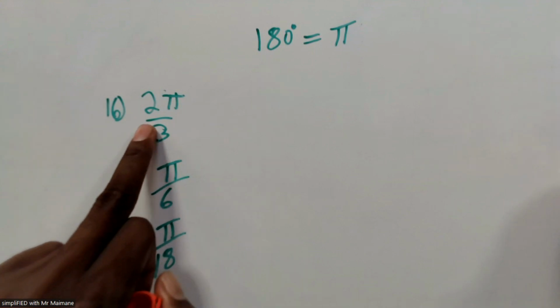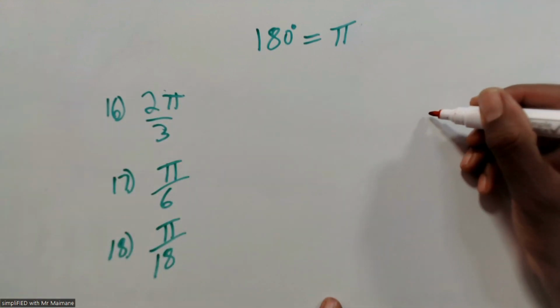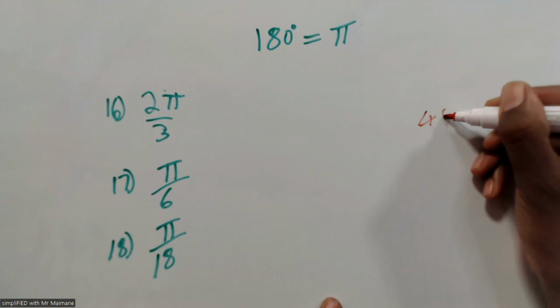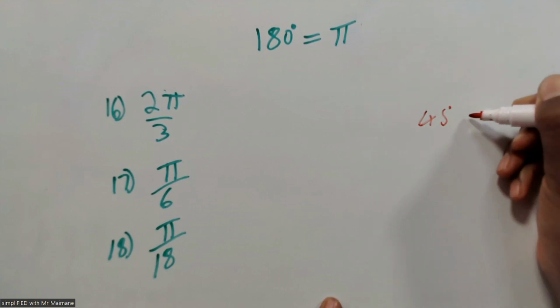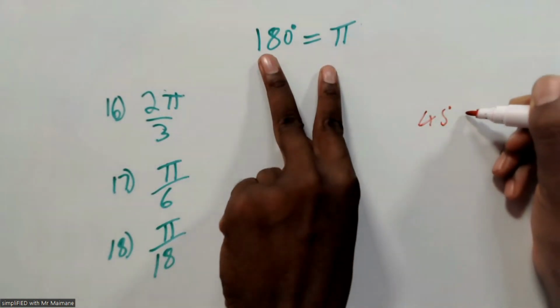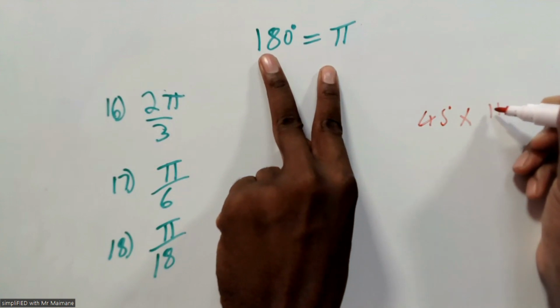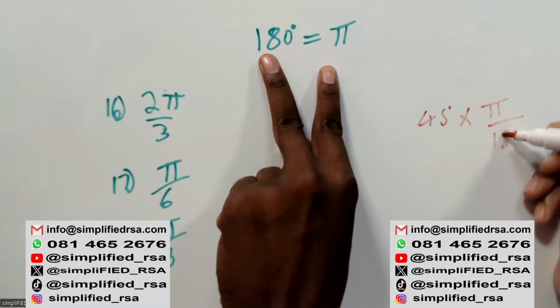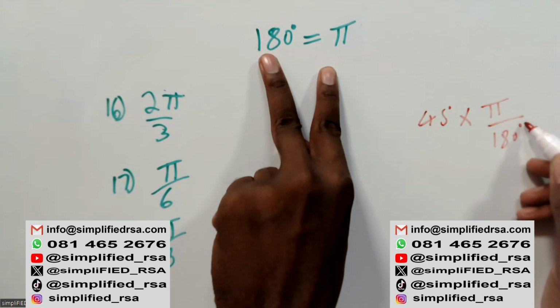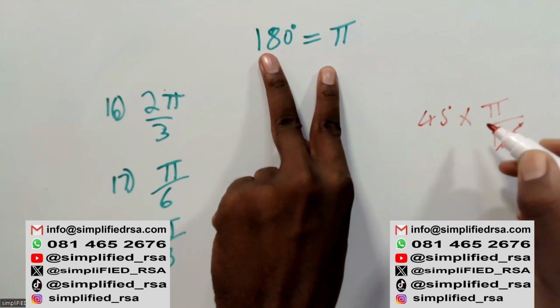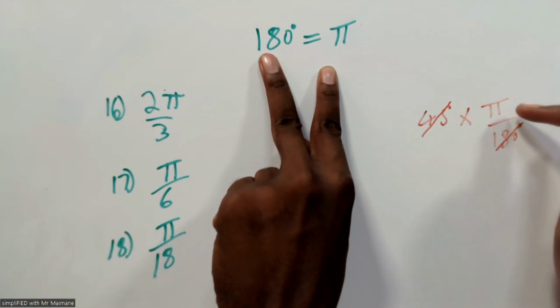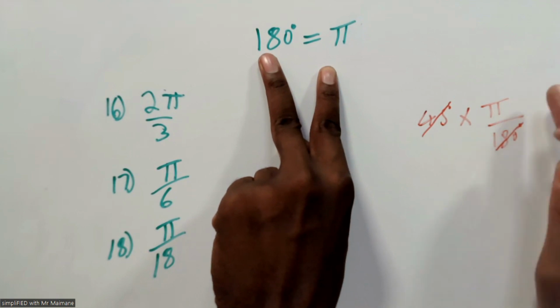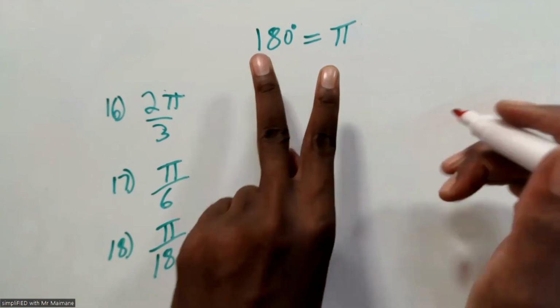Now, to convert from radians to degrees, just a quick reminder, on our previous example, we had the first one to be 45 degrees, and using our conversion factor, we multiplied by pi over 180 degrees, and we could see the degrees cancel the degrees. Meaning this time around we want to find a way to cancel the pi, which represents our radians.